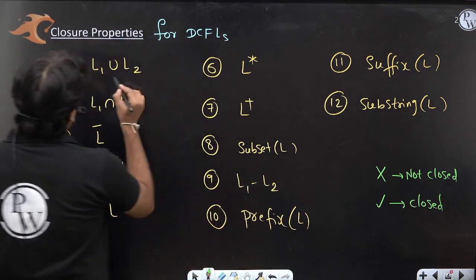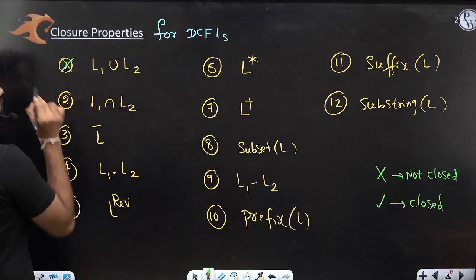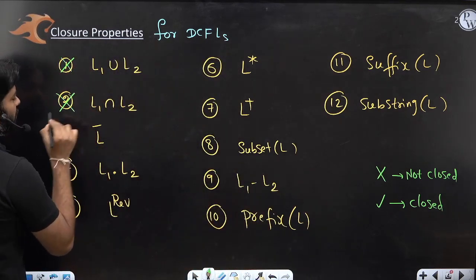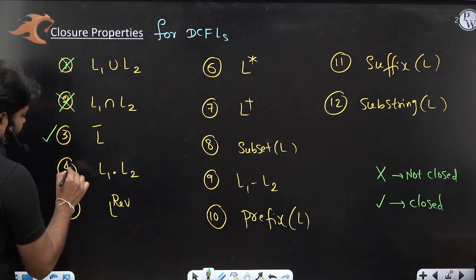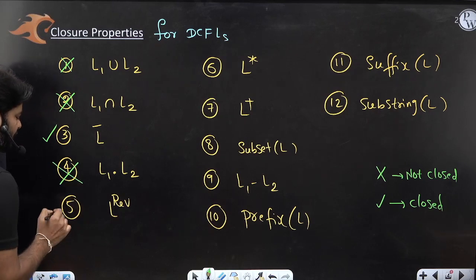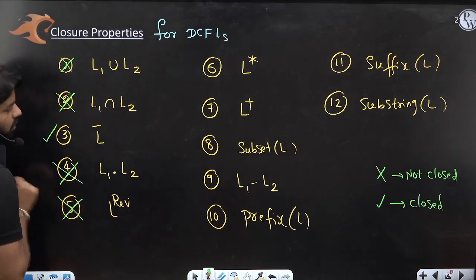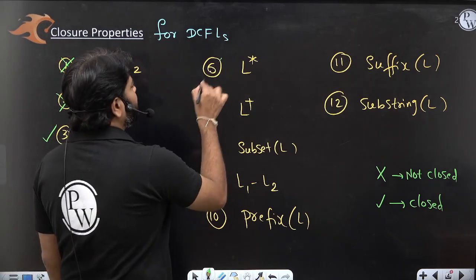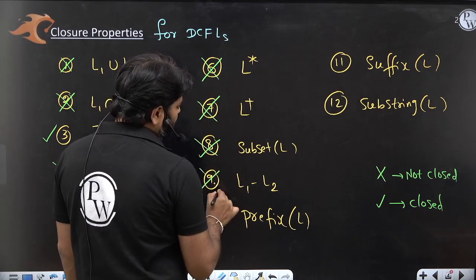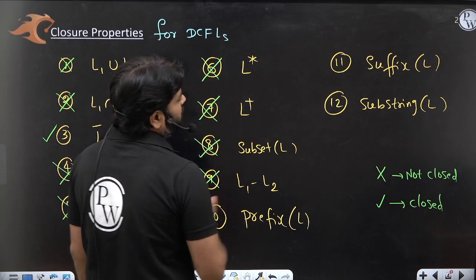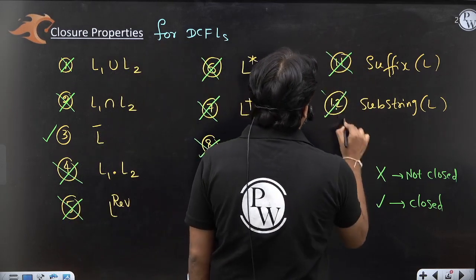Here union is not closed, intersection is not closed, but complement is closed, and concatenation no, reversal no. Almost all are not closed, but prefix is closed, and suffix and substring are not closed.